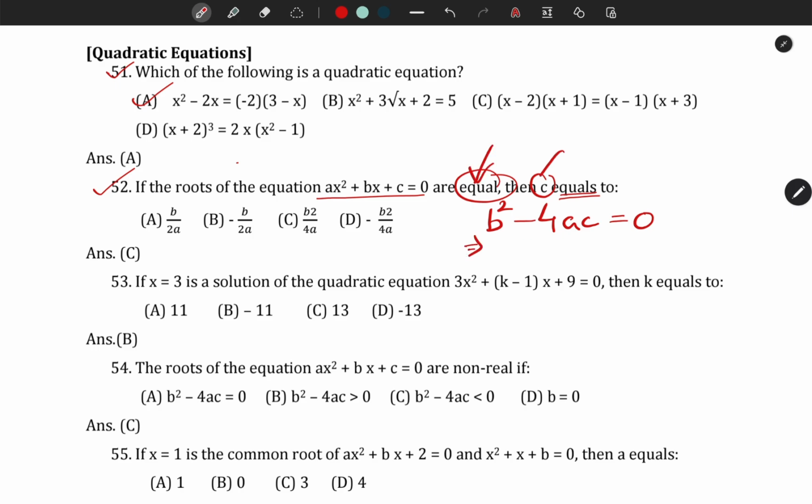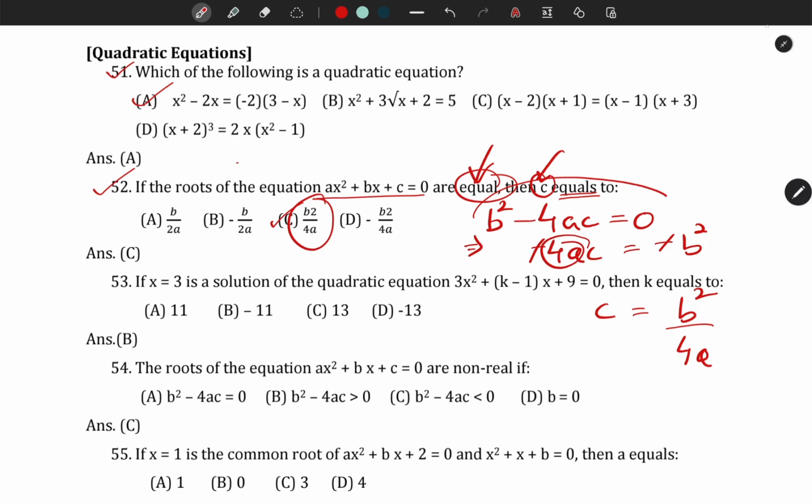Since we have to find the value of c, we'll write the c terms on the left hand side. So we have 4ac equals to plus b square. We'll take it to the other side, it will become minus b square. So minus minus will cancel from both sides. So c will be equal to b square divided by 4a. And the correct option is C, which is b square by 4a.